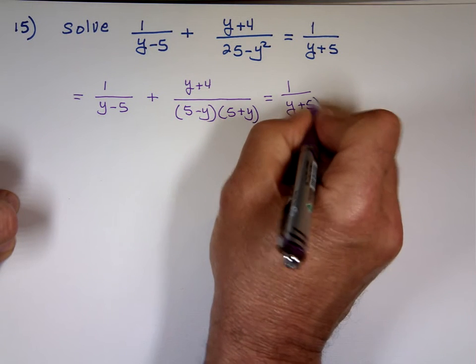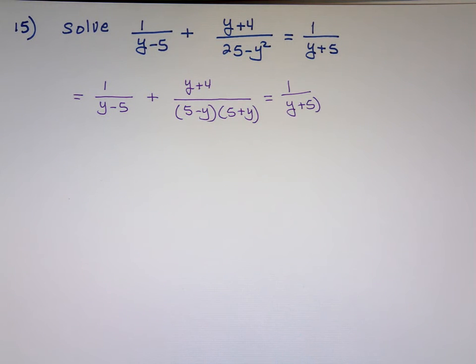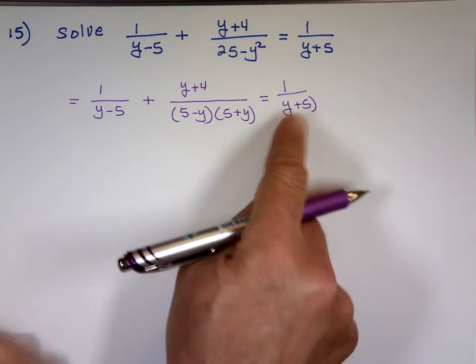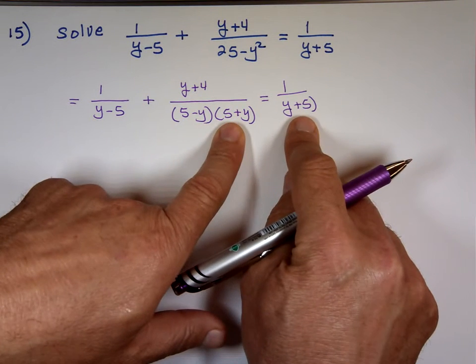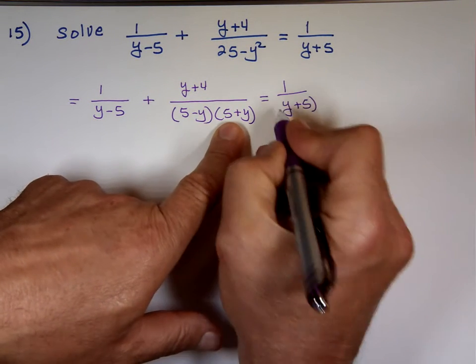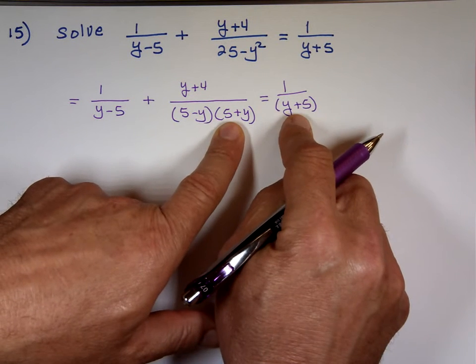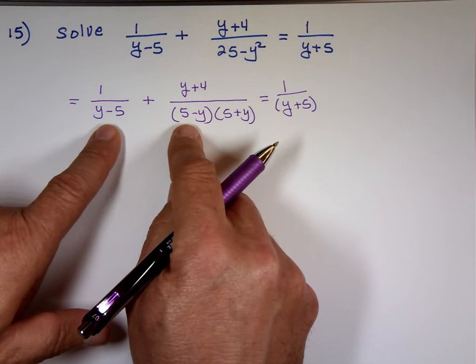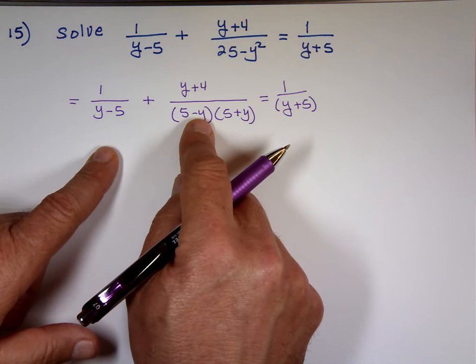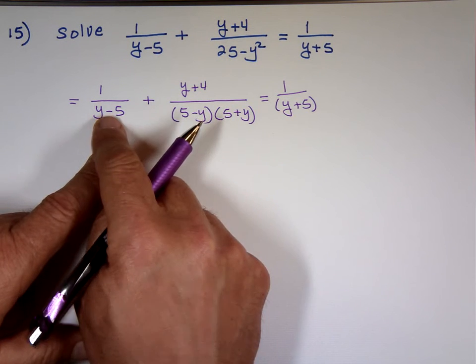And the y plus 5 and the 5 plus y, these two are the same. Addition is always the same. So these two are no big deal. These two are backward. So I need to reverse one of them. Either reverse this to make it y minus 5 to match that, or reverse this to make it 5 minus y. I'll do this.